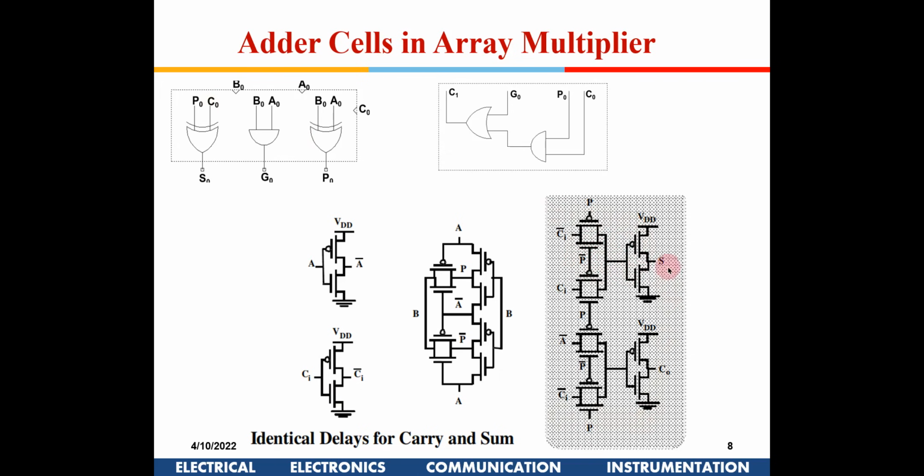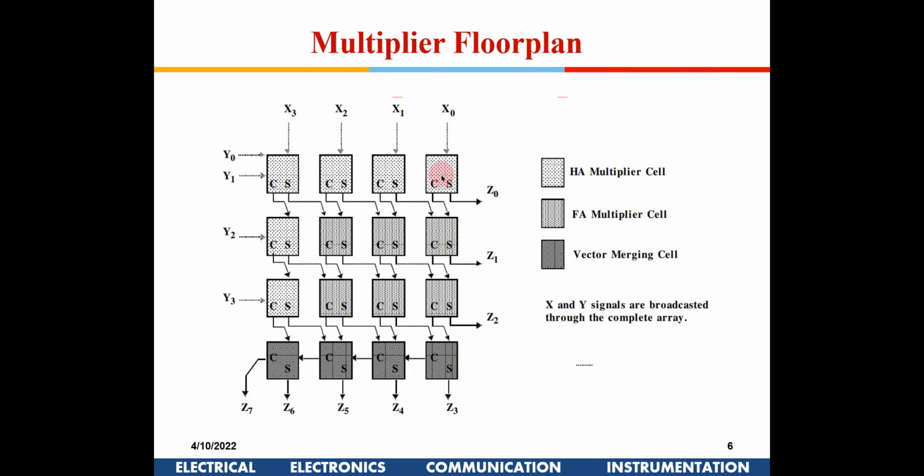So if you see, this is how the adder blocks are implemented for multipliers. What is different out here is the identical delays for carry and sum. One is that, since we are using pass transistor logic, the number of transistors required out here is less. That is one advantage. Secondly, the carry and the sum propagation delays are the same. Unlike a ripple carry adder, where only the carry is being propagated, for a multiplier you will find that the sum is also being propagated.